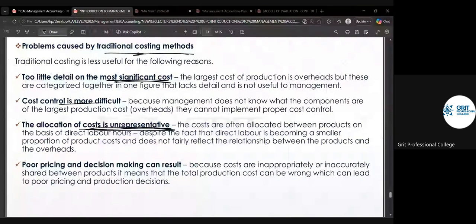And so if that company has a policy of using labor hours as the basis of apportioning or charging their overheads into their product, then definitely there will be a problem, because now more than ever, labor hours will form part of a smaller proportion of their production cost. And again, that will not be a fair basis for charging the overheads. So that is also a problem.